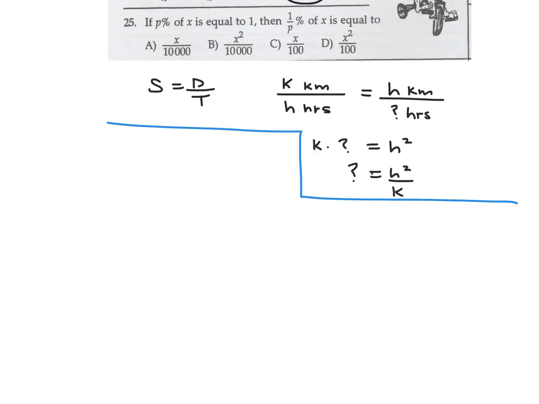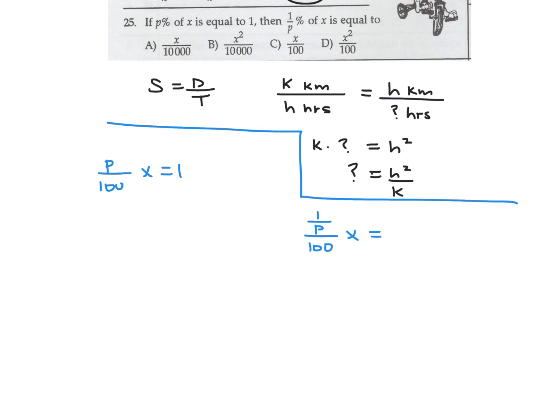If p% of x is equal to 1, then 1 over p% of x is equal to. p% is p over 100 of x is equal to 1. Okay, so what do we do here? We're trying to figure out 1 over p% would be basically 1 over p over 100 of x is equal to, and the answer choices are in x.